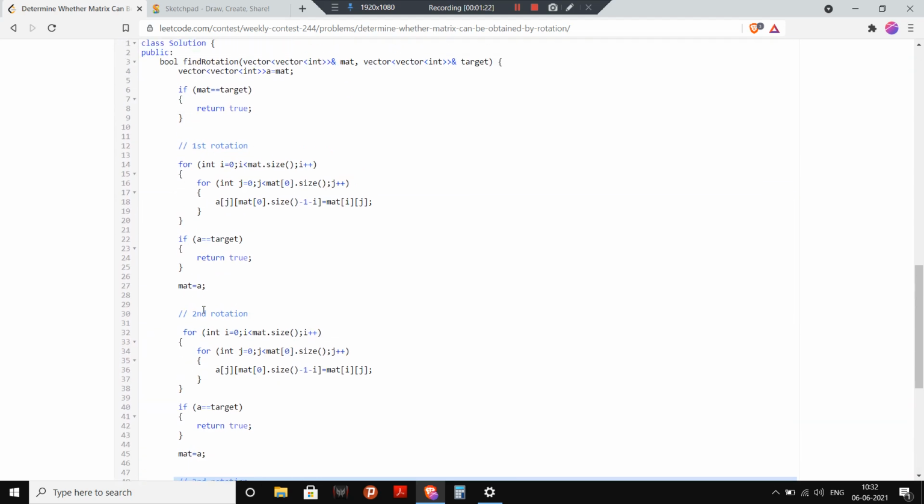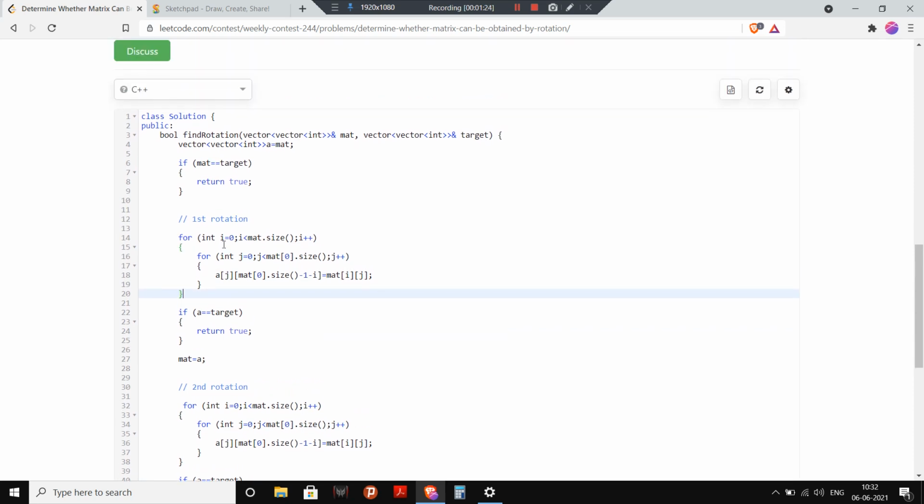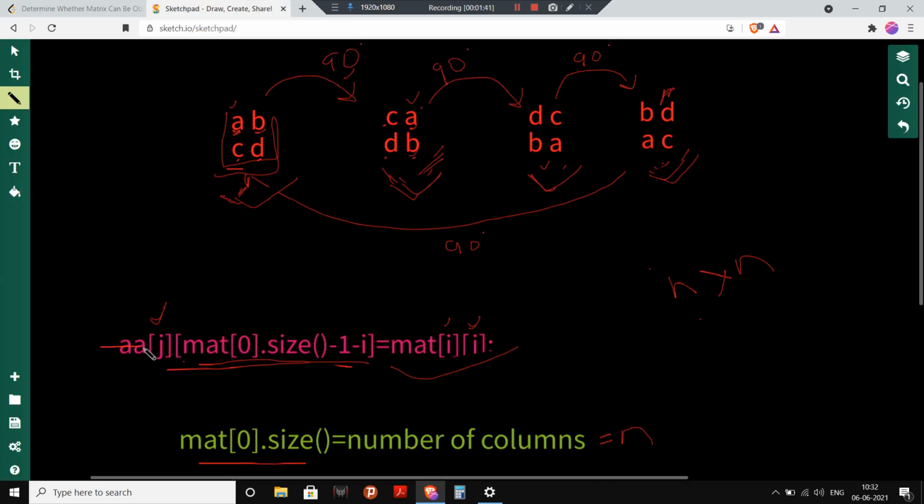What I am doing is, for int i equals 0, i less than mat dot size, i plus plus, for int j equals 0, j less than mat 0 dot size, j plus plus. I am iterating over each element using these two loops.